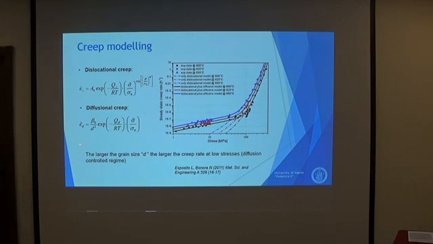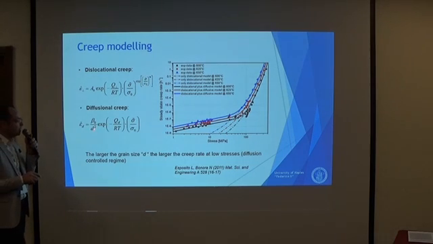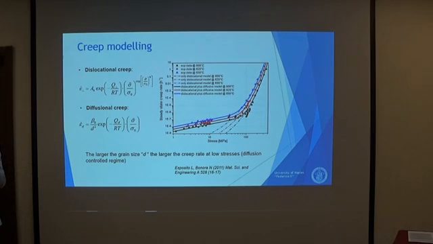And the most important thing I want to stress now is that the diffusional contribution has an explicit dependence on the mean grain size in the microstructure. So the larger the grain size D, the larger the creep rate obtained at low stress.